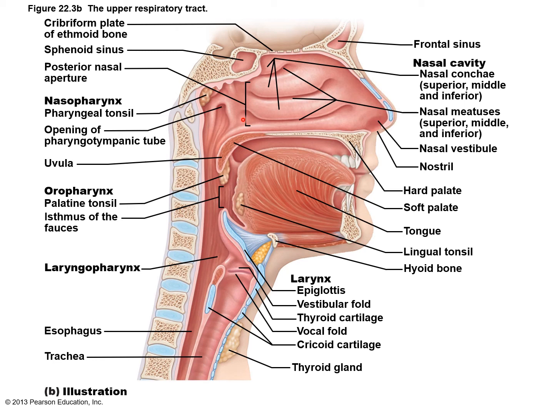Our nasal cavity is lined with a mucosa membrane, which is a pseudostratified ciliated epithelial tissue. The cilia help filter the air that we inhale, and the mucus within your nasal cavity helps trap any particles that might be in the air.